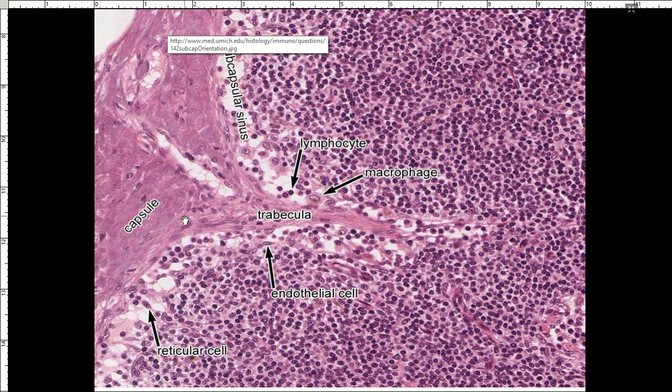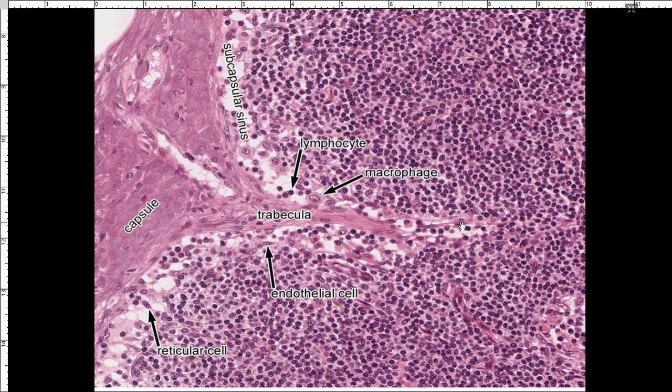It sends trabeculae right inside the lymph node to divide these nodules, right? And then this is a trabeculae, and then you're also going to have subcapsular sinuses. These are spaces in the trabeculae. You're going to have subtrabecular sinuses. And these sinuses in the medulla will form medullary sinuses.